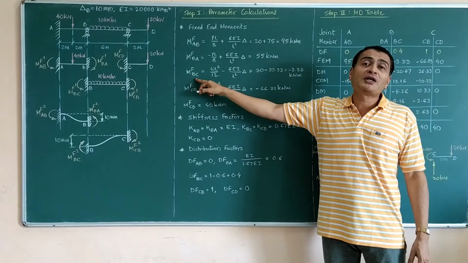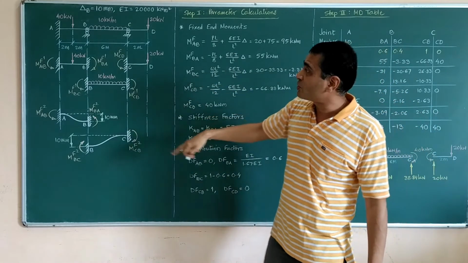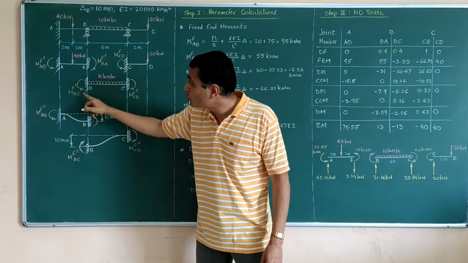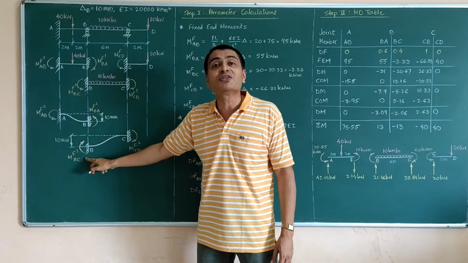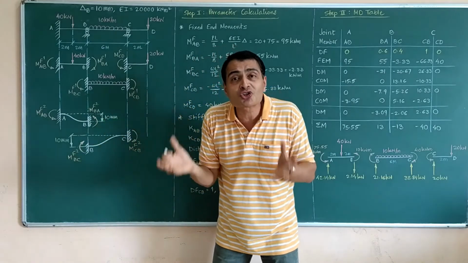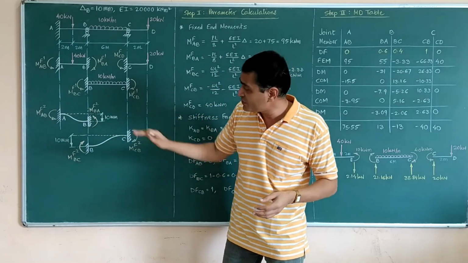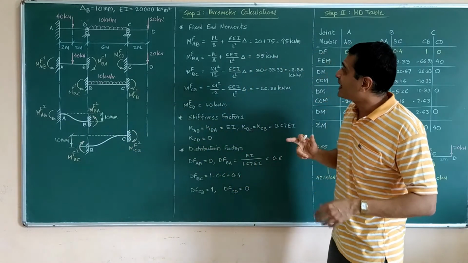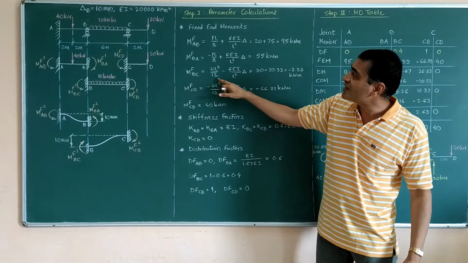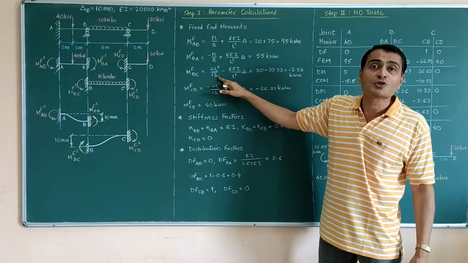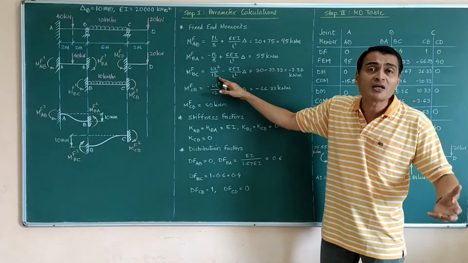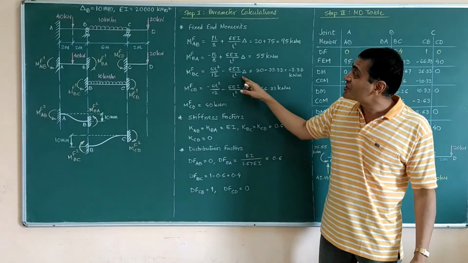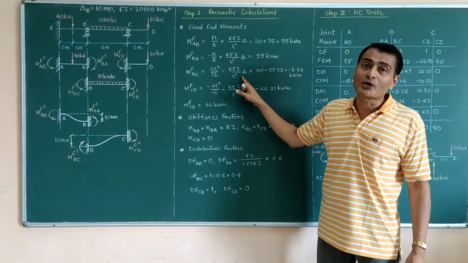MFBC, fixed end moment BC. So again I am observing, this is MFBC1, this is MFBC2, this is anti-clockwise but this is clockwise. That is due to loads alone it is anti-clockwise, but due to sinking of B it is clockwise. So my calculation is MFBC is equal to anti-clockwise, means positive WL squared by 12 standard result, and negative because clockwise 6 EI over L square into delta.